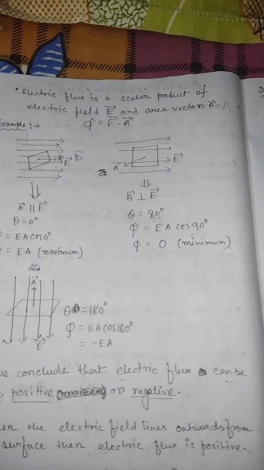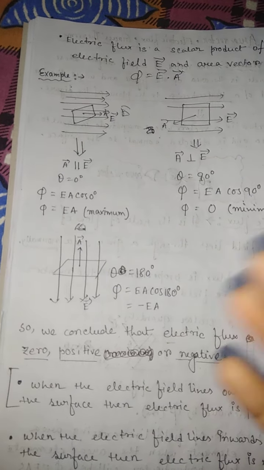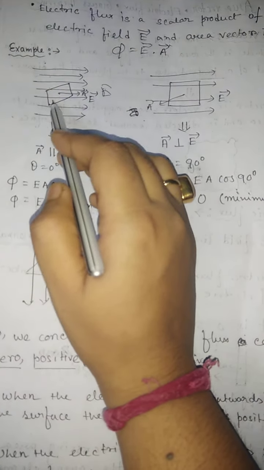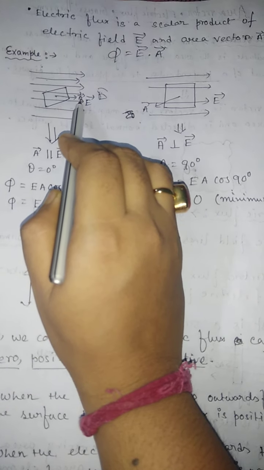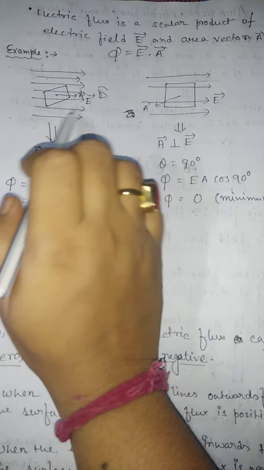Clear? Okay, now take one example. Not only the position of the surface, but also the direction and value of the electric flux depends upon the observer position. Suppose this is a surface, and this is the perpendicular direction of the area vector A, and this is a uniform electric field.